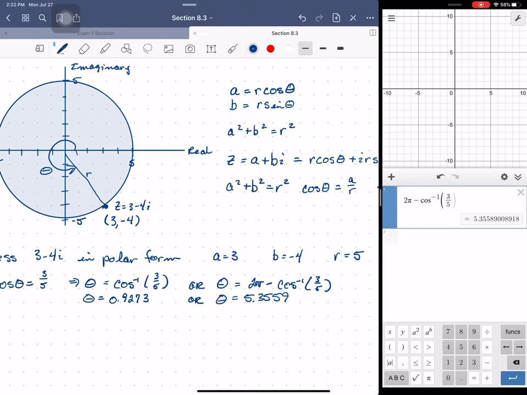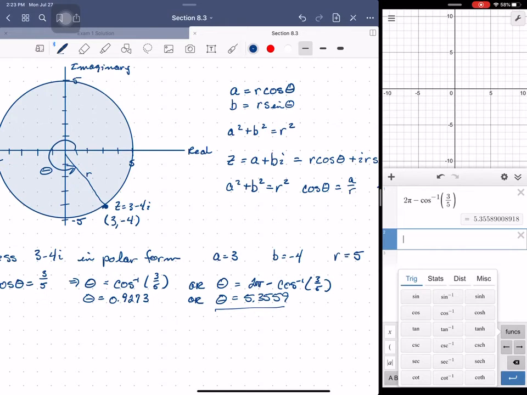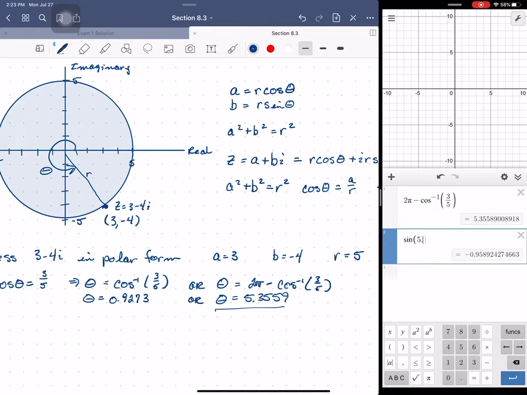You want the fourth quadrant value, which is this one. And you can check that by taking the sine of 5.3559 and multiplying that by 5, and we should get something close to -4, and we do.